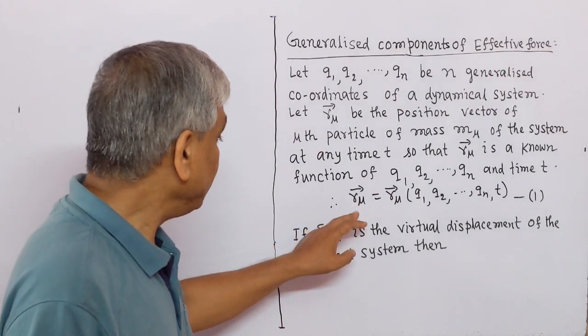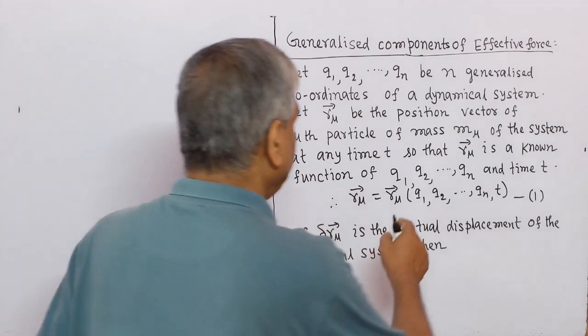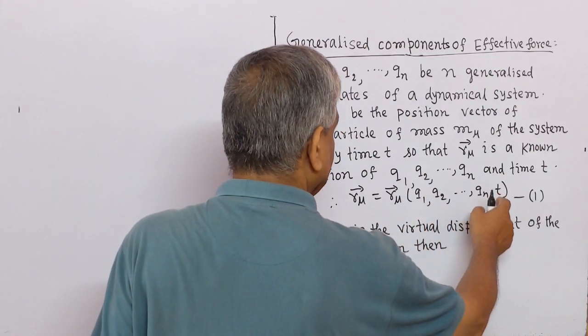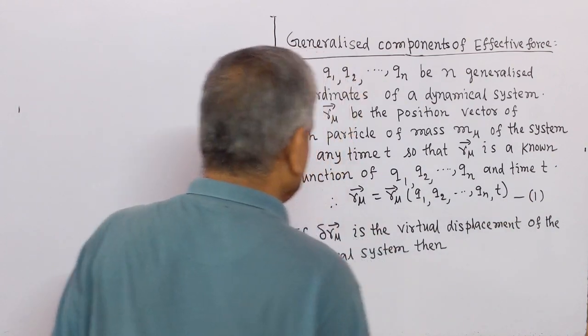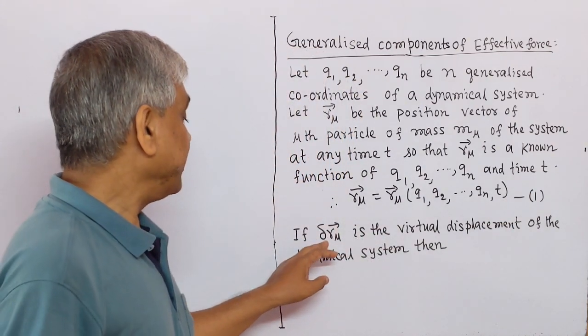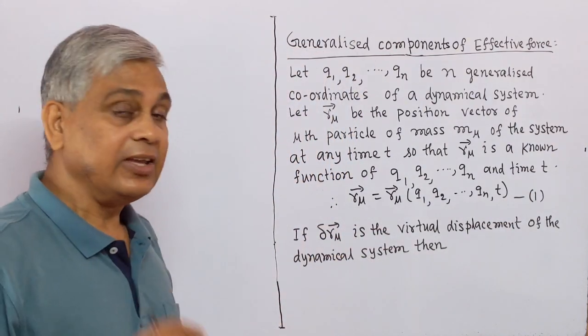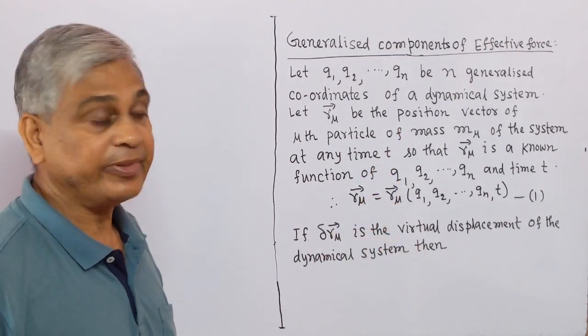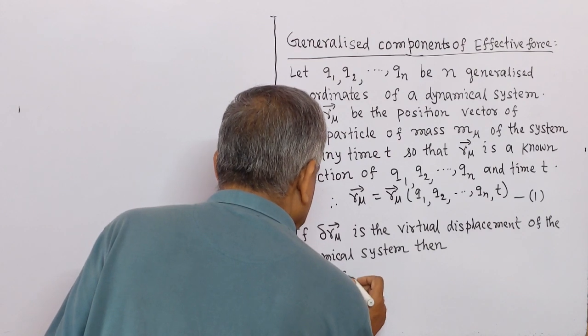Therefore, r mu vector is a function of q1, q2, ..., qn and t. This is number 1.